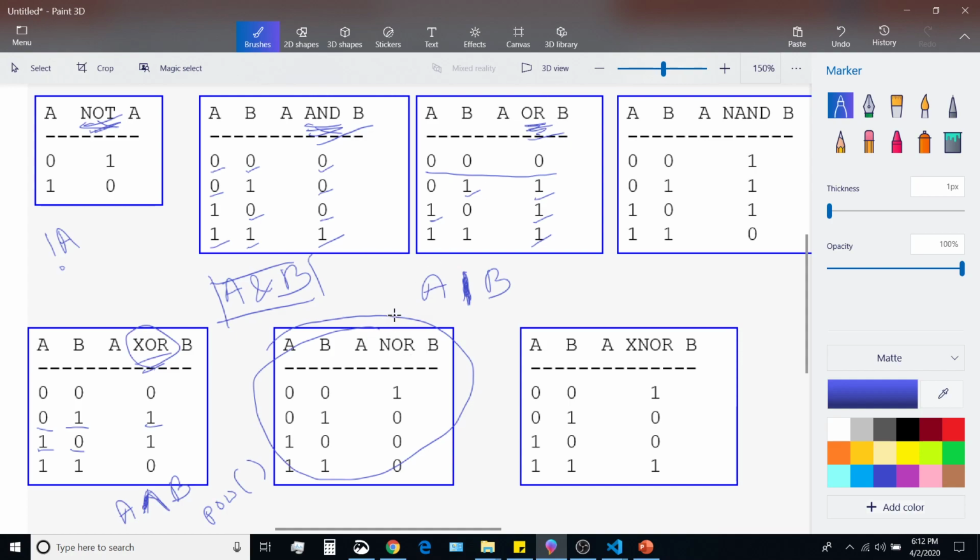I mean, it's basically the opposite of it, right? So you can do something like a or b, and do a not, and this becomes NOR, right? For XNOR, this is basically the opposite of XOR, right? So you can do something like this, and it's just going to work.